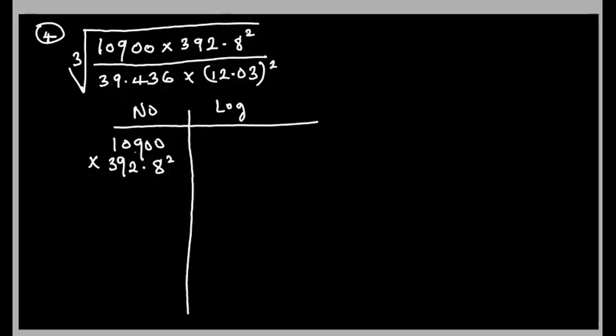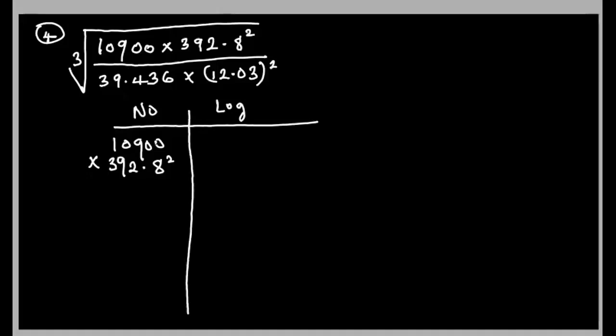So now let's begin. As we know, we need to get the characteristics of these numbers. This 10900 is just a whole number, so we need to know the number of digits in the whole number.